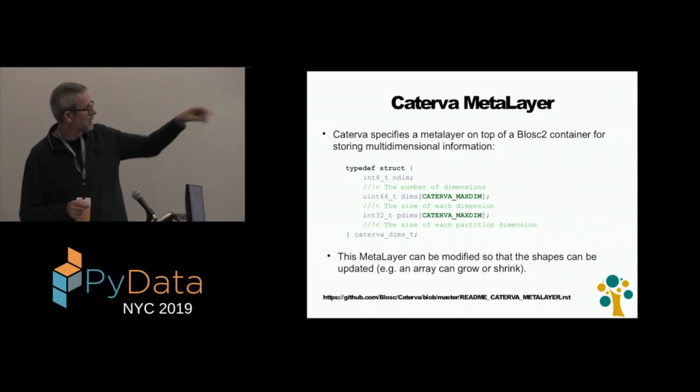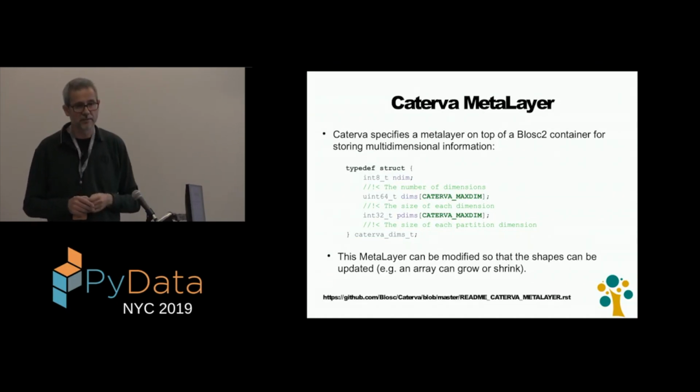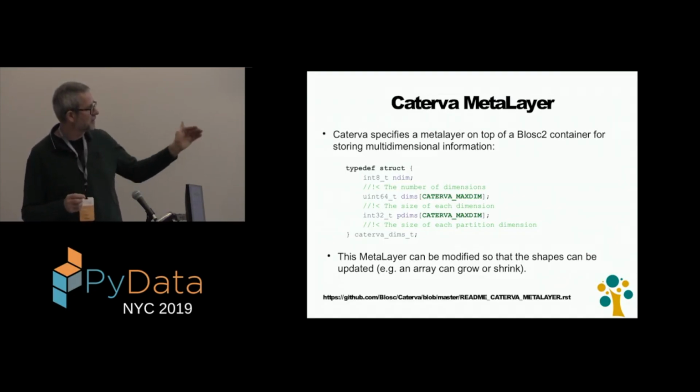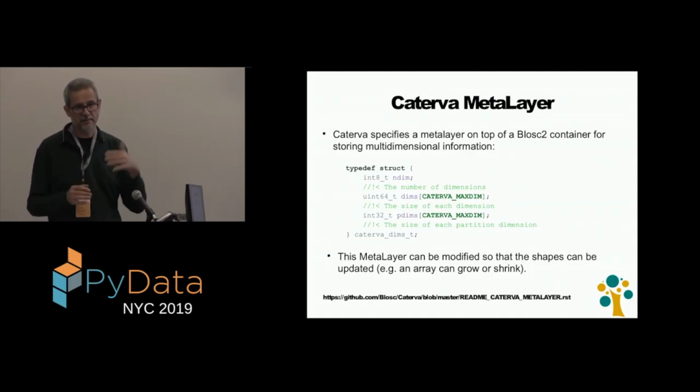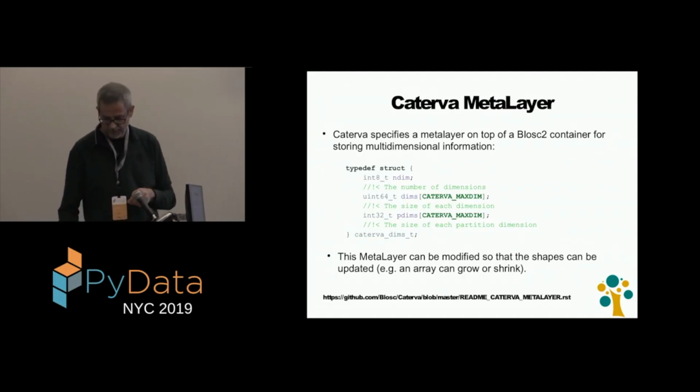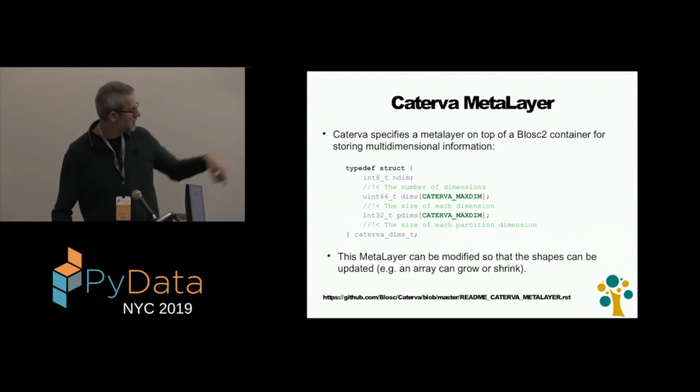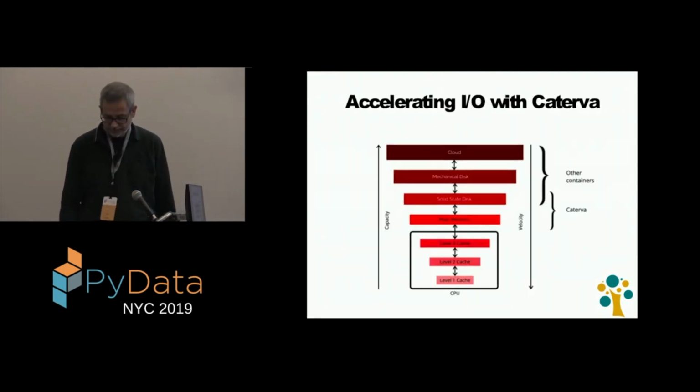And then another array for the partition dimensions, which is the same concept as chunks in HDF5 or Zarr, describing the dimensionality for every chunk in the data set. Of course, this meta layer can be modified so that the shapes can be updated. That means that we can resize arrays; we can shrink them or enlarge them. You can find more information about this here.